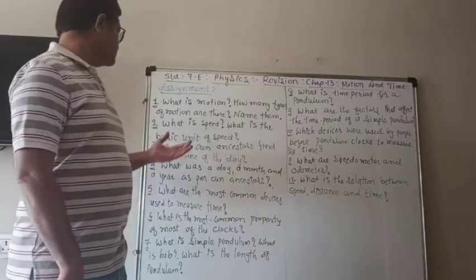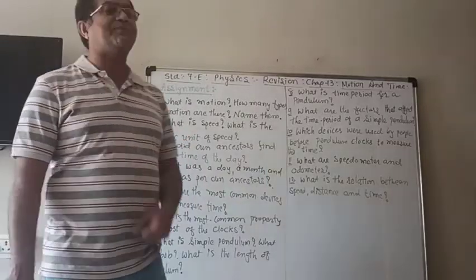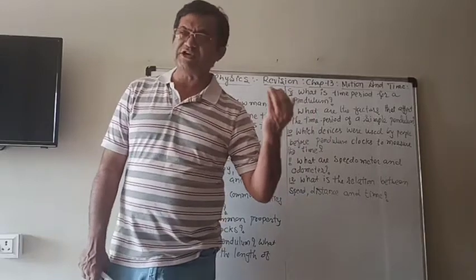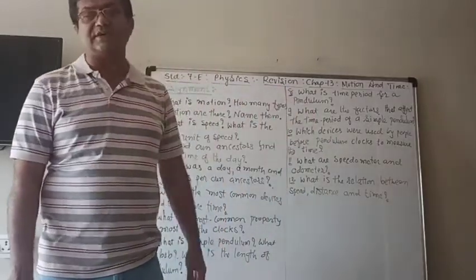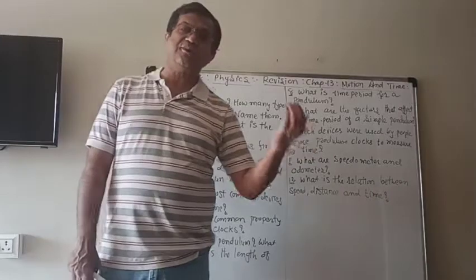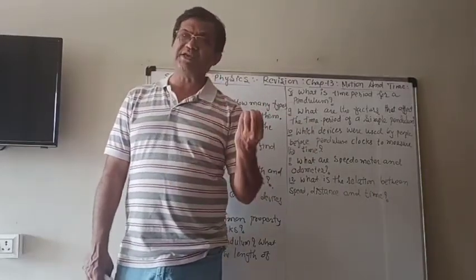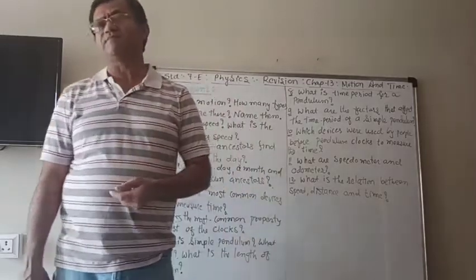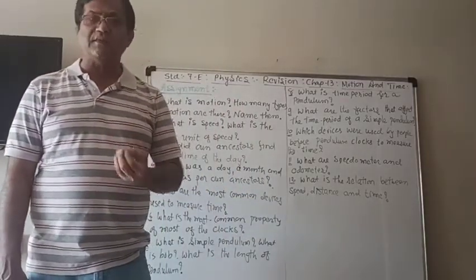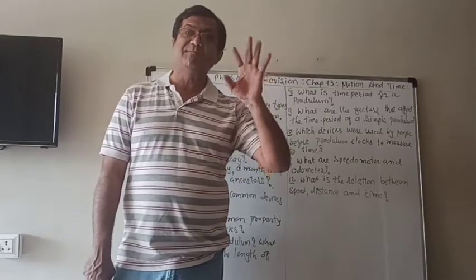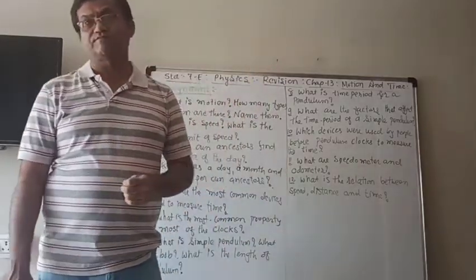So what is the basic unit of speed? You know that the basic unit of distance is meter and basic unit of time is second. So now speed is distance divided by time, and therefore the basic unit of speed will be meter per second.